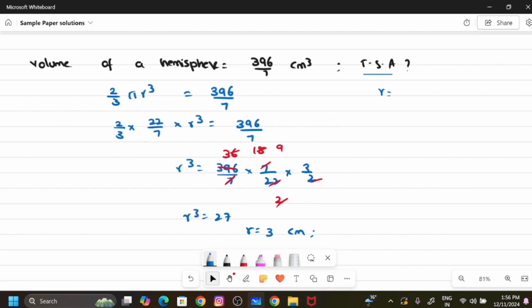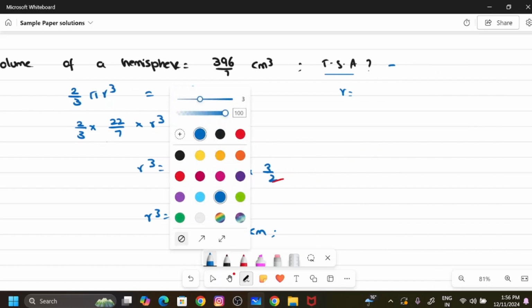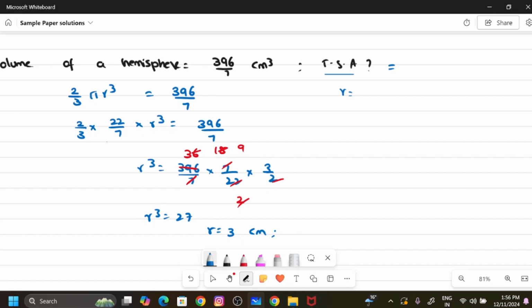Then you can find the total surface area of the hemisphere. We know total surface area is curved surface area plus the top surface area. Curved surface is 2 pi r square plus top circular is pi r square. The total surface of hemisphere is 3 pi r square, which is 3 into 22 by 7 into r square. 3 square is 9.